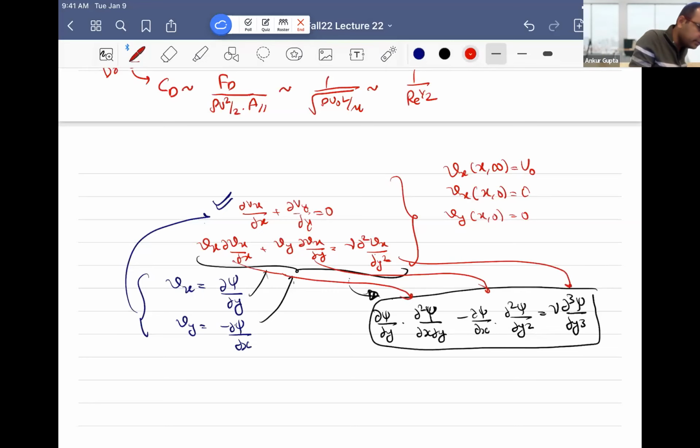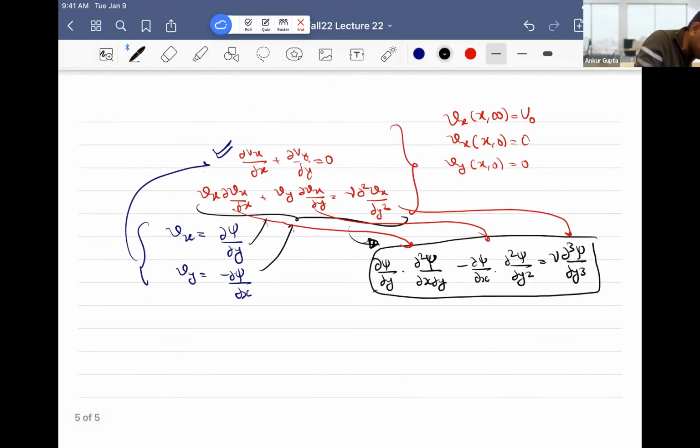And boundary condition, what will be the boundary condition? It will be Vx is del psi by del y.